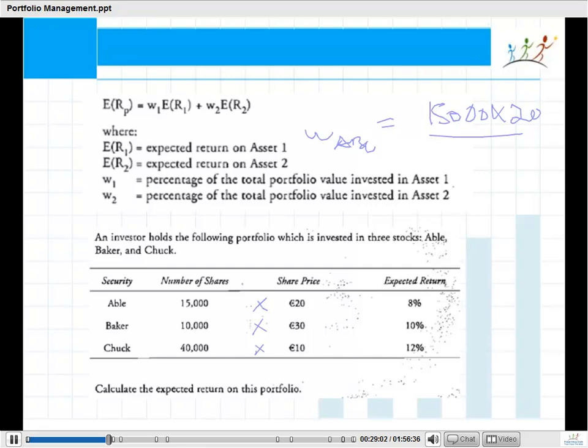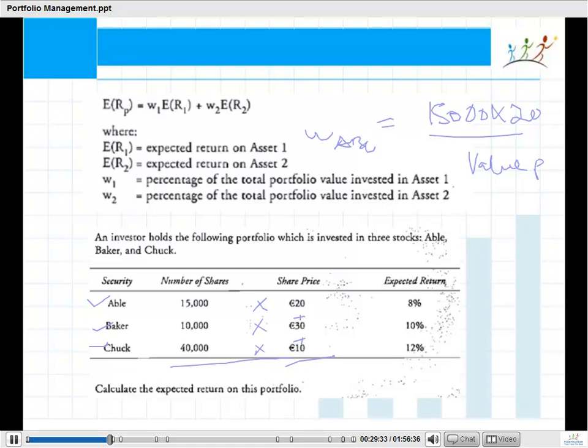Total value of the portfolio will be computed as the product summed up, that is the value of each stock. Similarly, you can compute the weight of B, that will be 10,000 into 30 divided by the total value, and the weight of C, which will be 40,000 into 10 divided by the total value of the portfolio.